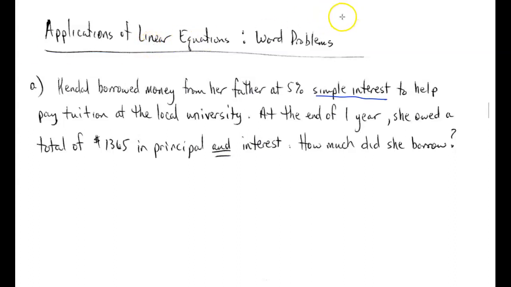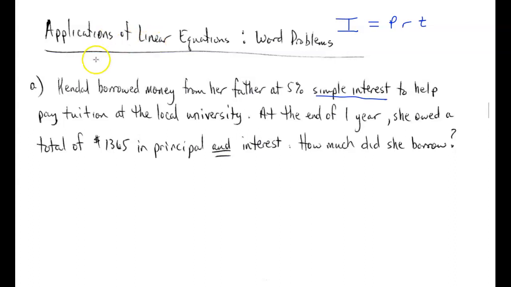So the simple formula for that is interest is equal to principal, which is your initial amount that you borrow if you're borrowing, or the initial amount that you lend if you're the lender, your rate times the time. And in simple interest problems, the time is always assumed to be in years unless otherwise stated.